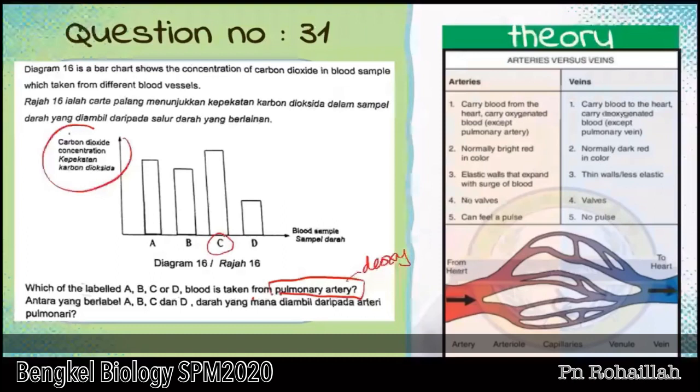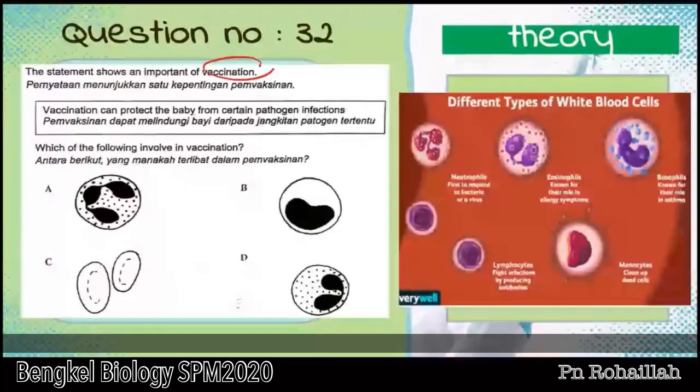Vaccination, right? So which of the following is involved in vaccination? Vaccination, of course, involves the white blood cell. So what kind of white blood cell? You kena identify, ada 5 jenis kan? Is it basophil?